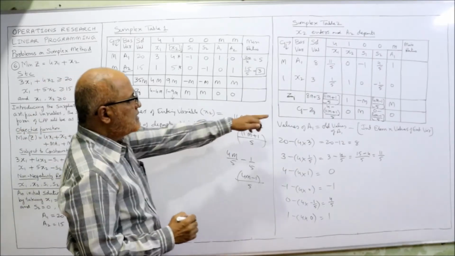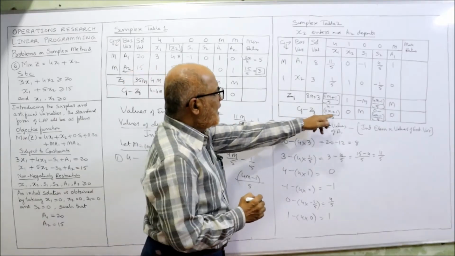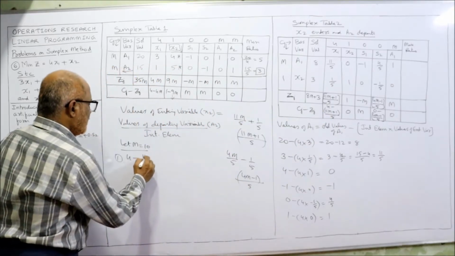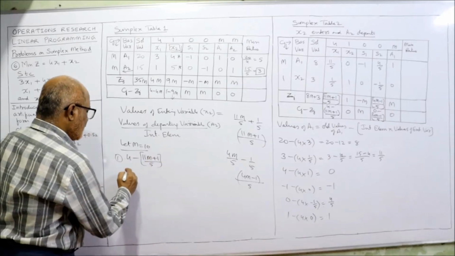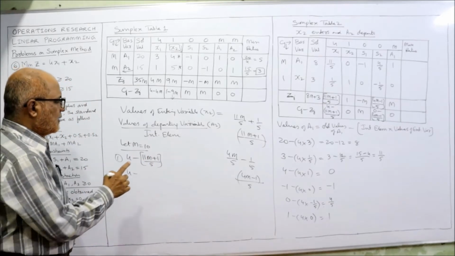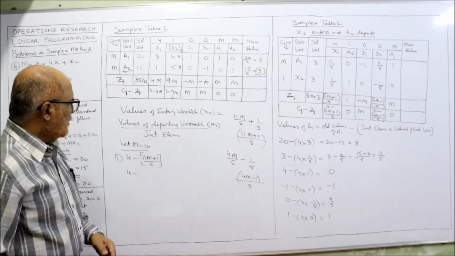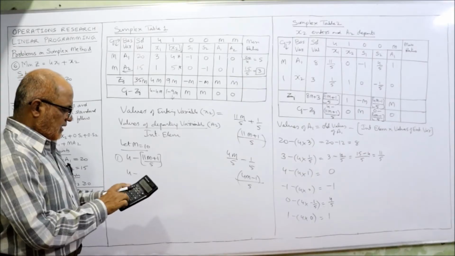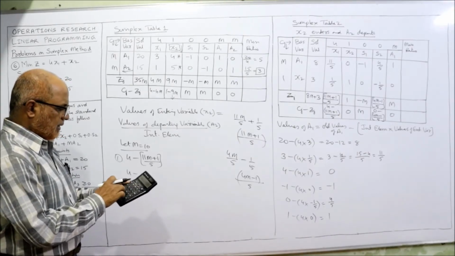Let M equal 10. So the first case is 4 minus (11M plus 1) divided by 5. So 4 minus 11 into 10, 110, plus 1, 111. 111 into 10 is 110 plus 1, divided by 5.